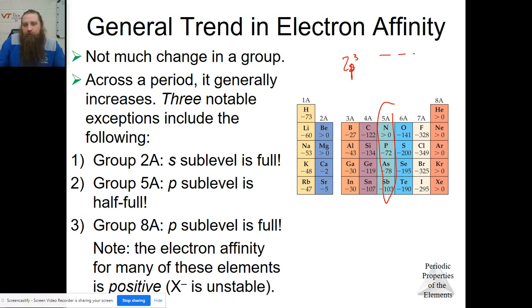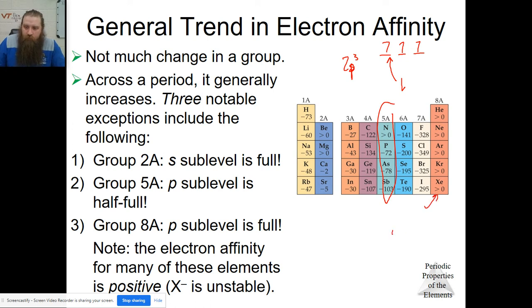So I have that nice half full thing going on there. So if I want to add an electron, I want to make it more like oxygen. If I'm adding an electron, I'm adding repulsion, and that's going to take extra energy there. So that's not good.